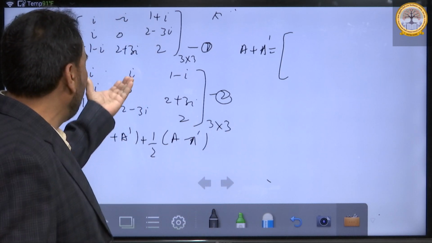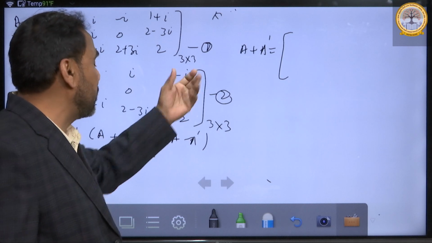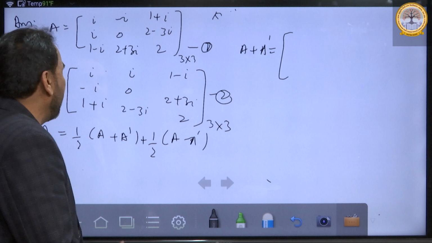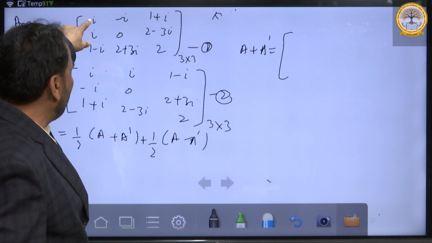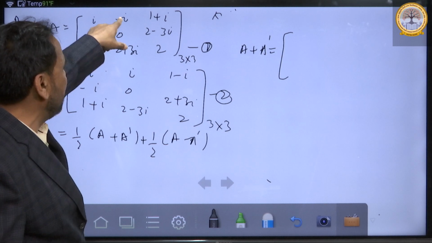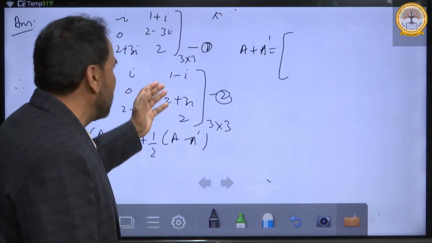We add first row first column to first row first column, second row second column to second row second column, and so on.